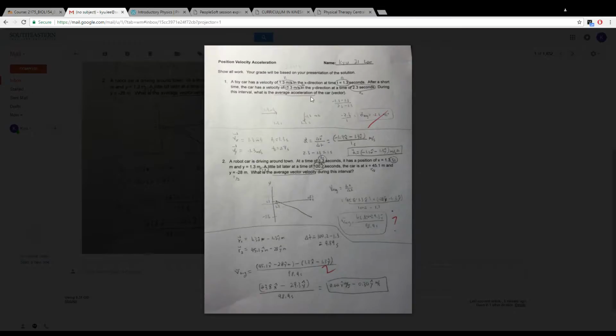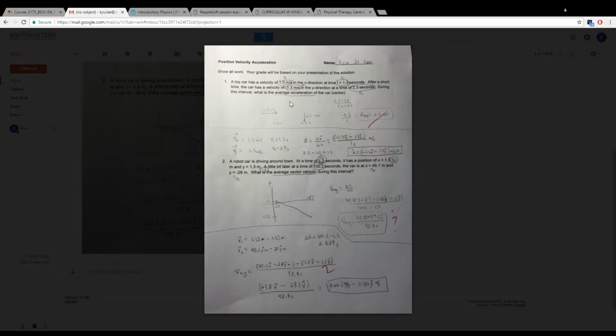So the first problem, we have the 1.3 meters per second in x direction, which is the initial velocity, at 1.3 seconds, which is the initial time, and negative 1.3 meters per second in y direction, that is the initial velocity in y direction, and 2.3 seconds, which is the final time.